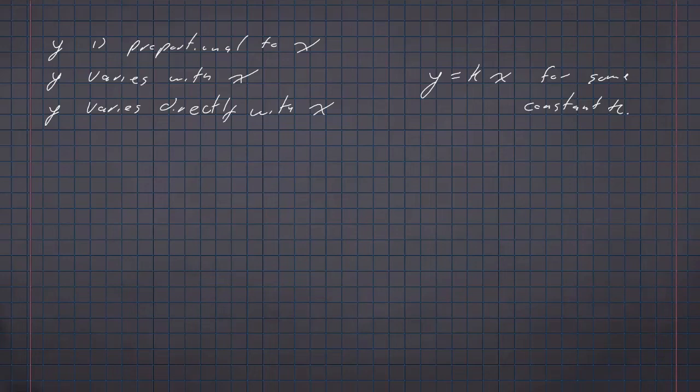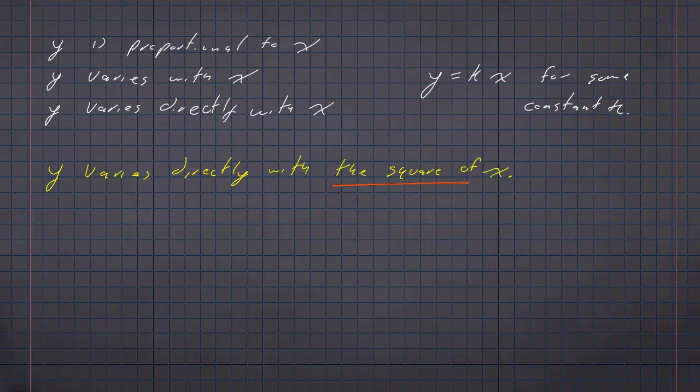The place this becomes interesting is not with direct variation, although it does certainly work. It's when we start introducing more to the variation. Instead of y varying with x, we might have that y varies directly with the square of x.